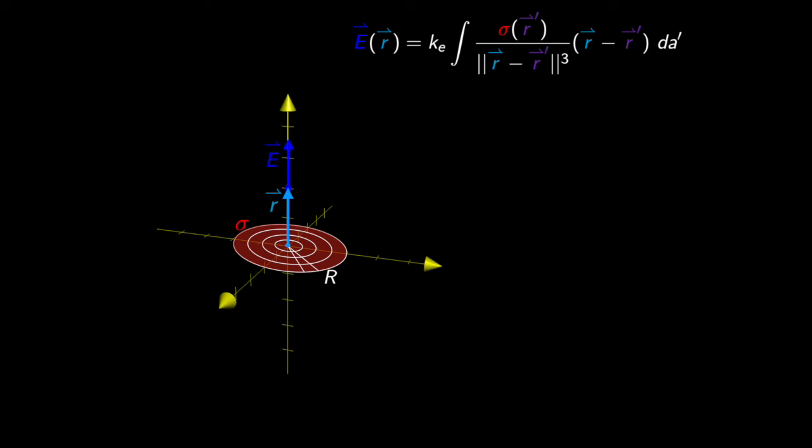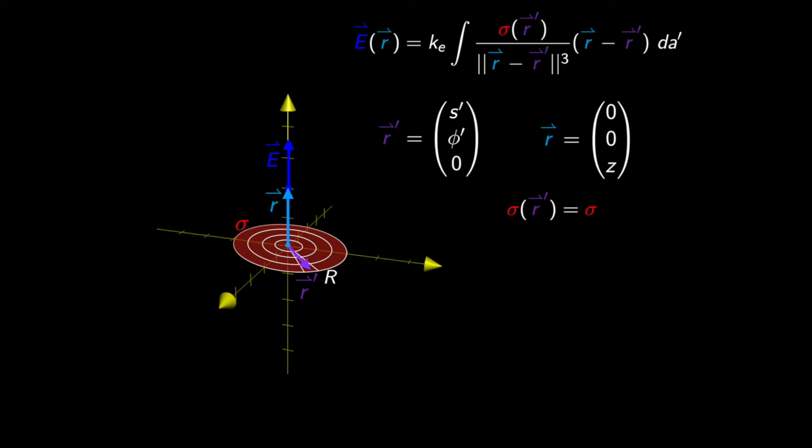As usual, I'll integrate over little r prime, holding little r constant. From the geometry of our setup, we get that in cylindrical coordinates, r prime is (s prime, phi prime, 0), and r is (0, 0, z). Sigma of r prime is just a constant, sigma.